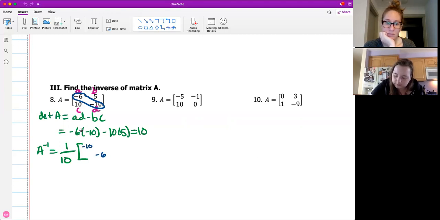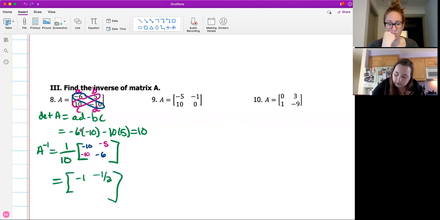And then on our pink one, we are going to make those opposite signs. So we're going to get -10, -5. And then you're just going to multiply out by your scalar, and you're going to end up with -1, -1/2, -1, -2/5, I think.